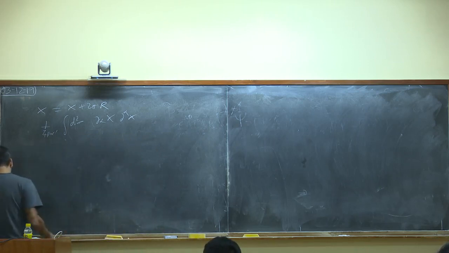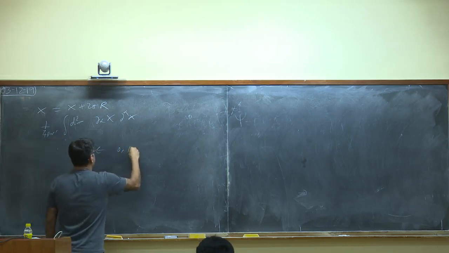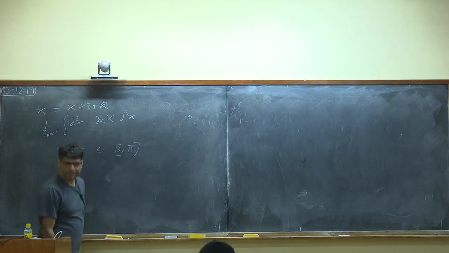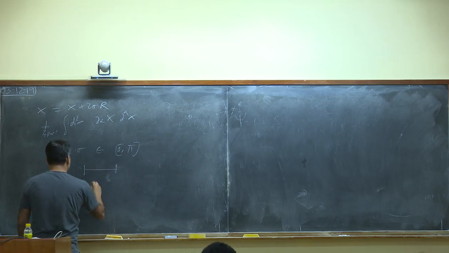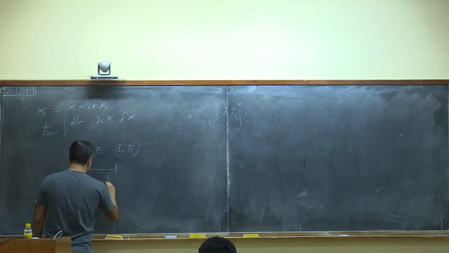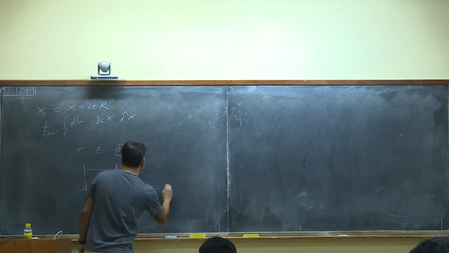So we've got some open string, sigma belongs to 0 to pi, and as usual, we have del sigma x at 0 is equal to del sigma x at pi is equal to 0.